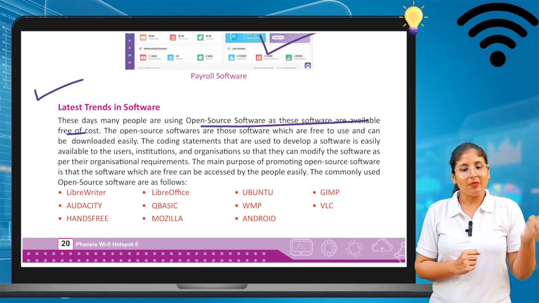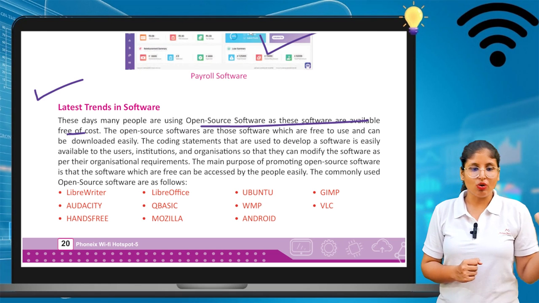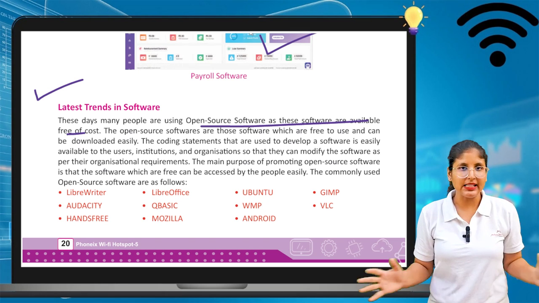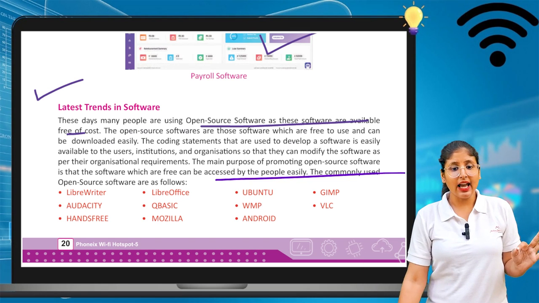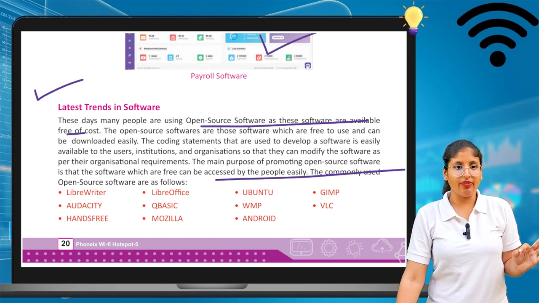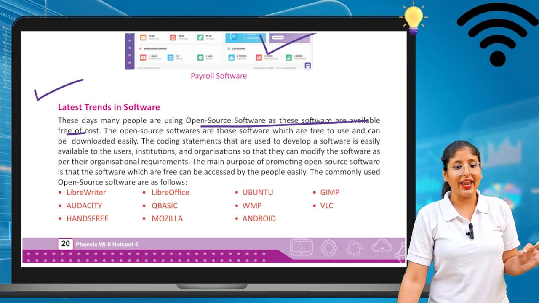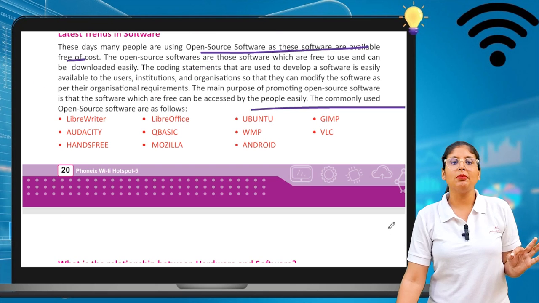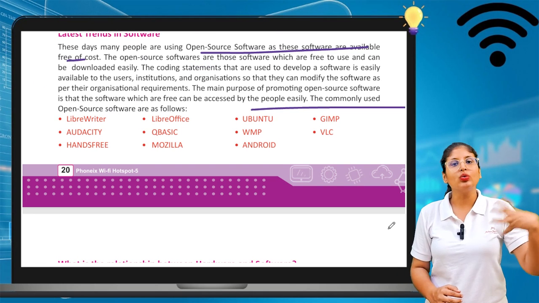The main purpose of promoting open source software is that software which is free can be accessed by people easily. You do not have to pay anything, and organizations can modify the software according to their own needs.